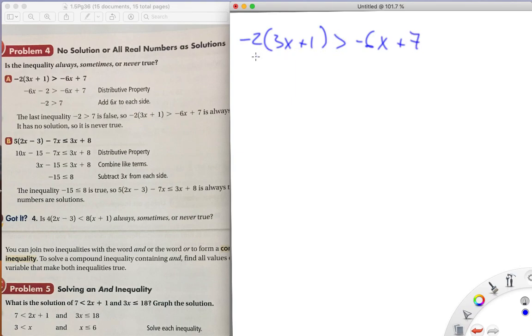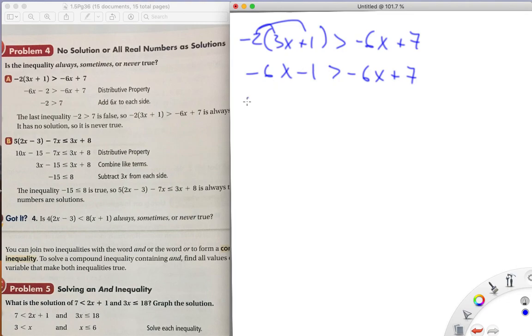First thing I'm going to do is I want to solve for x, right? I think the best thing for me, since if I divide by 2 I'm going to get a funky fraction, is I am going to distribute. I have negative 6x minus 1 is greater than negative 6x plus 7.